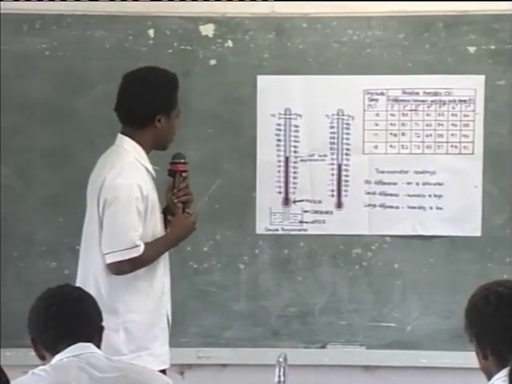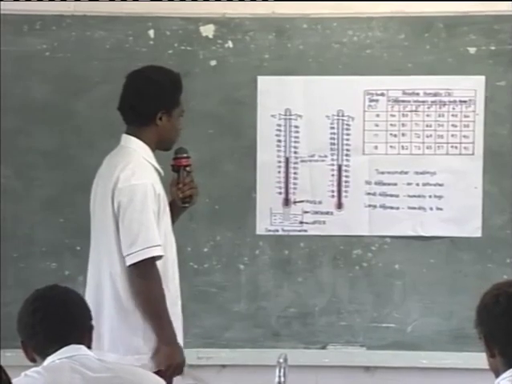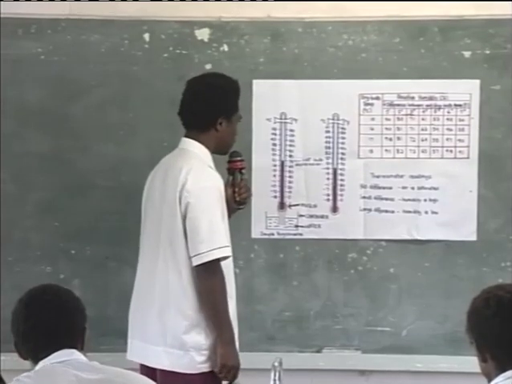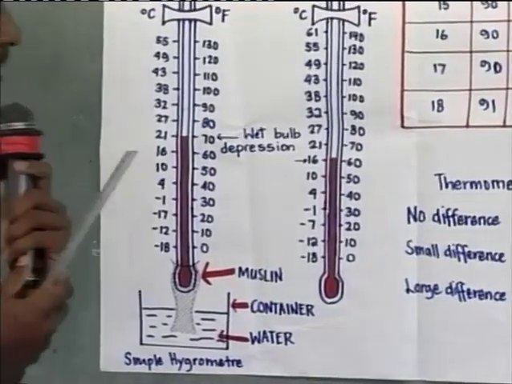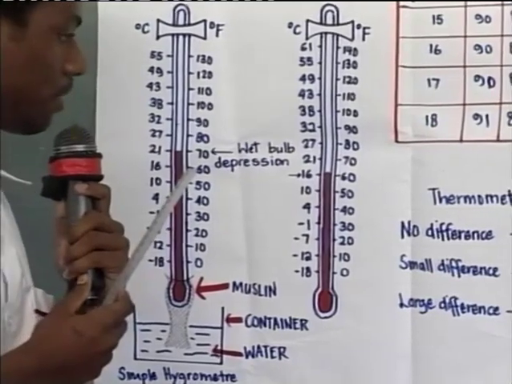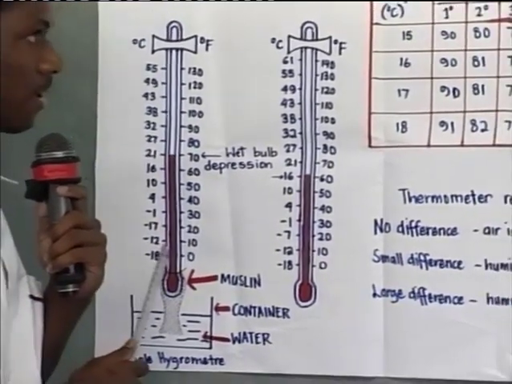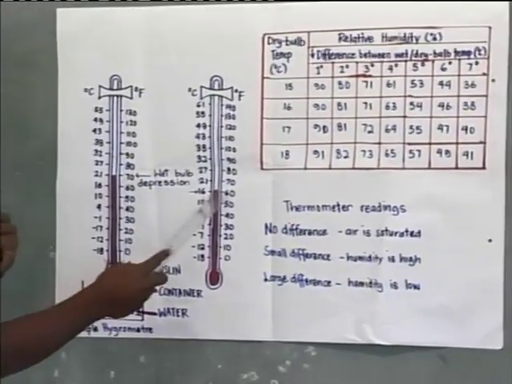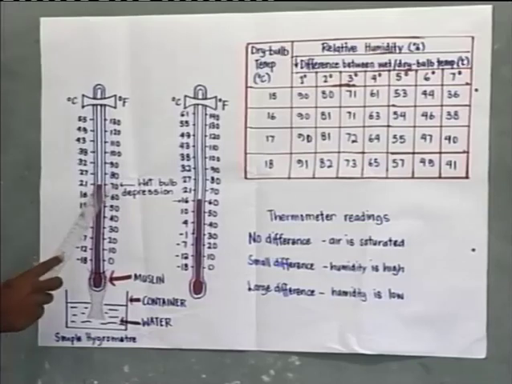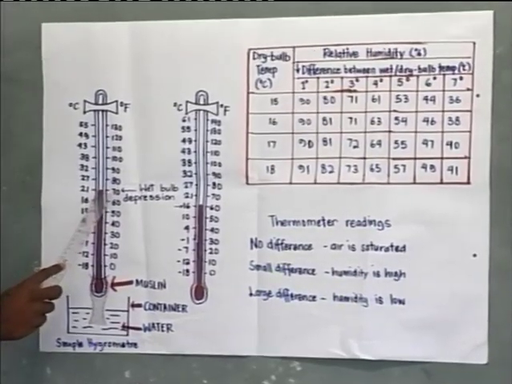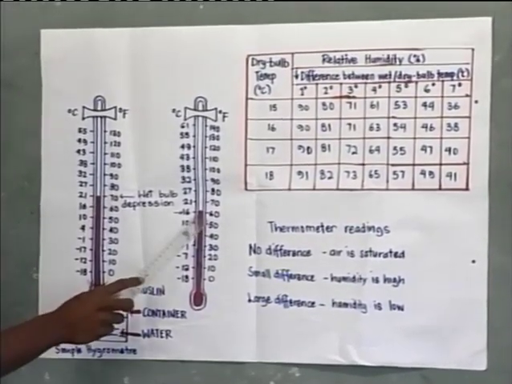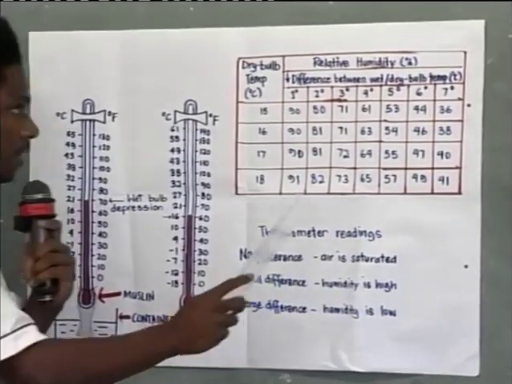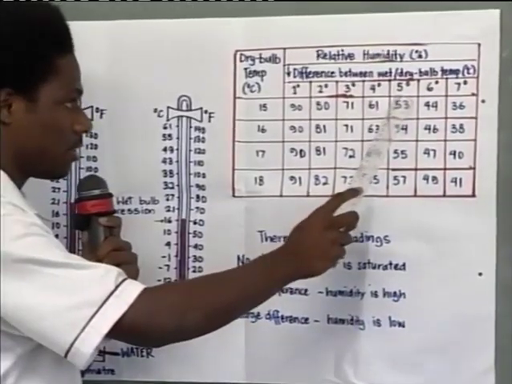I'll be talking about how to read the hygrometer. First, you find the difference between the dry and the wet bulb. So the wet temperature and the dry temperature. You find the difference: this is 21 degrees and this is 16. So you subtract, you get 5 degrees Celsius.